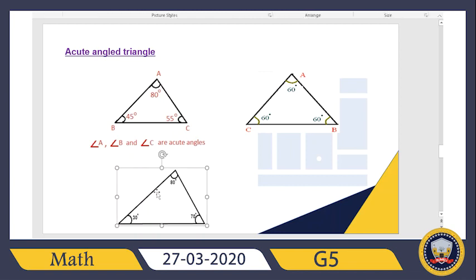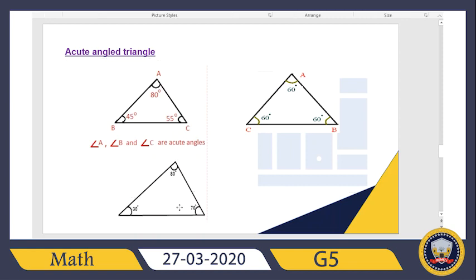Let's take another example. Here you see this angle is equal to 30 degrees. Of course 30 is less than 90. Here this angle is 80, which is less than 90. And the third angle is equal to 70, which is less than 90.